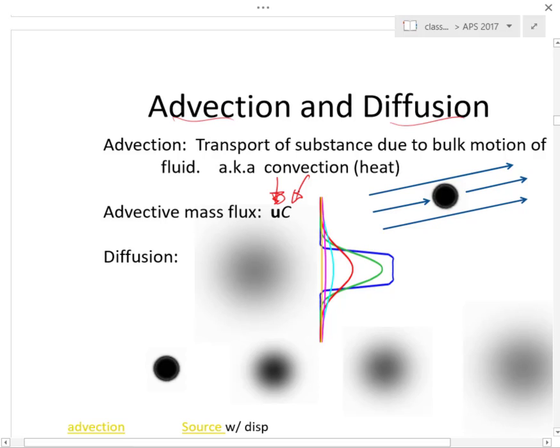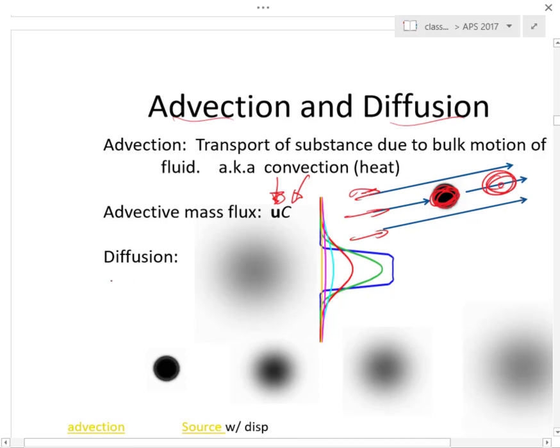The way we can think of that conceptually is that if we have some flowing fluid, like I'm showing here, and we put a blob of mass in there, then that blob just moves along like so. It's just simply translated along in the flow.